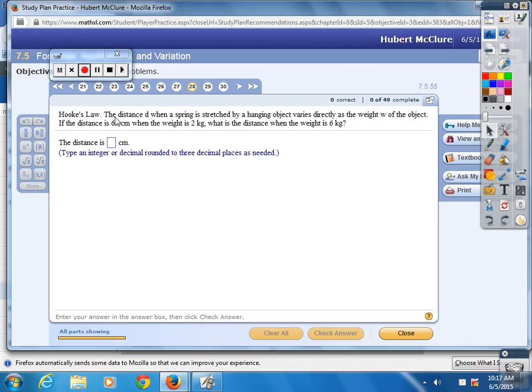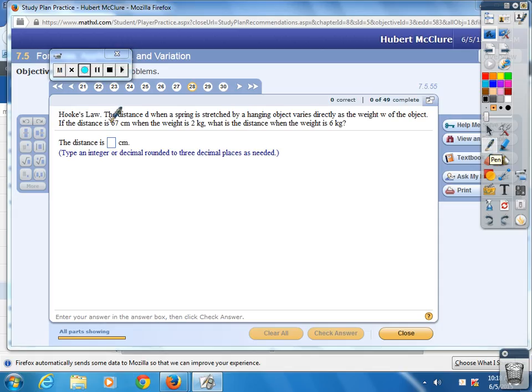The distance stretched varies directly as the weight of the object. This tells you which thing you use. So y is equal to k times x, because that's direct. Would d be in the place of y? Just hold on, I've got it written down.